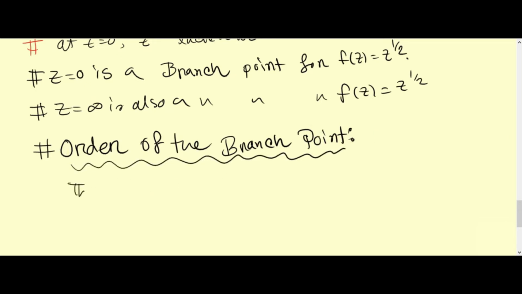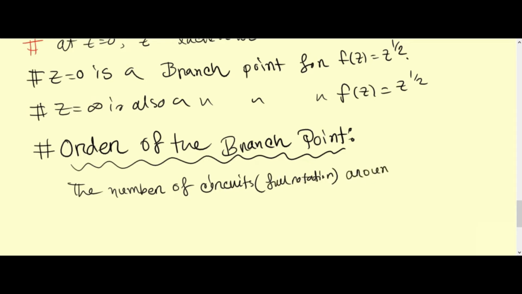It means the number of circuits, that is, a full rotation, around that point, or around our branch point, one needs to take before returning to the original value.